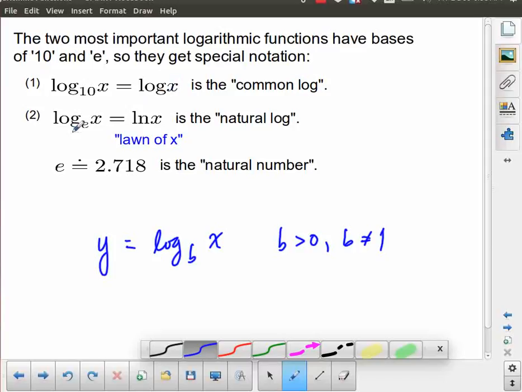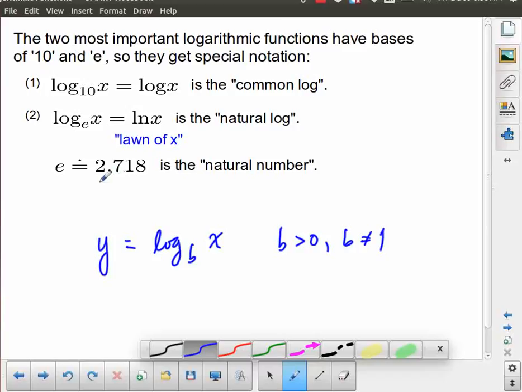There's another quantity known as e, and e is the natural number. It is a number like pi. First of all, it is an irrational number. It is a non-repeating decimal. But it is also a number like pi in the sense that through scientific experiments, it is a number that just showed up.